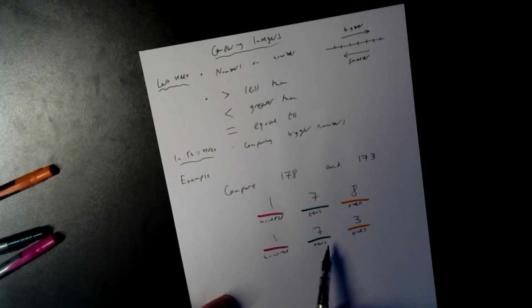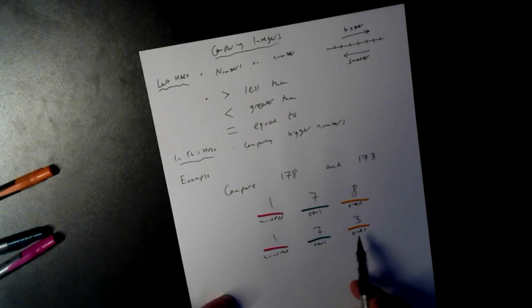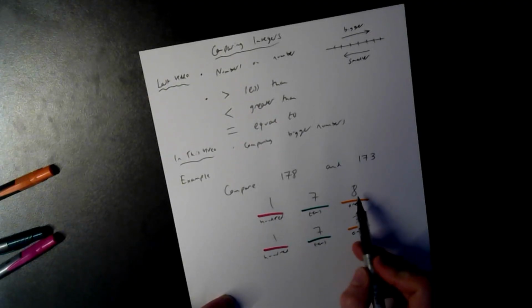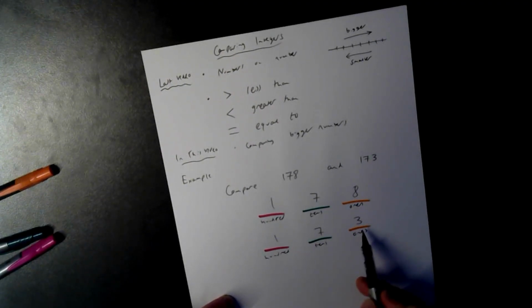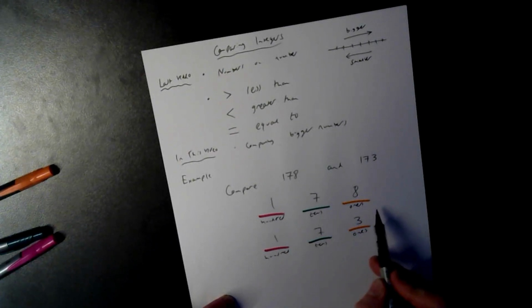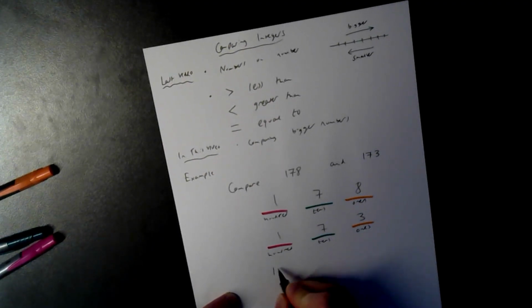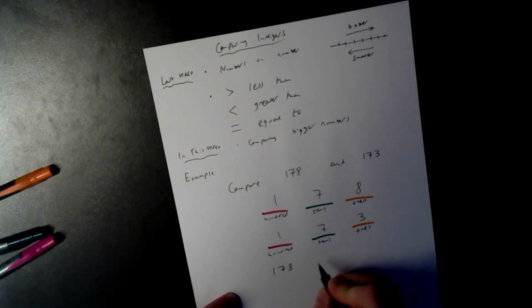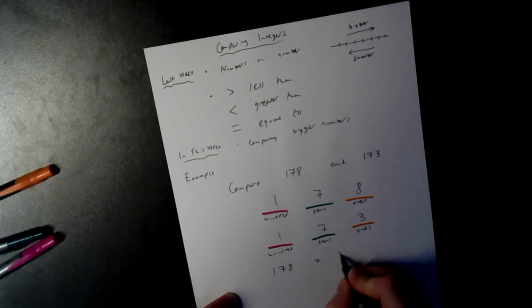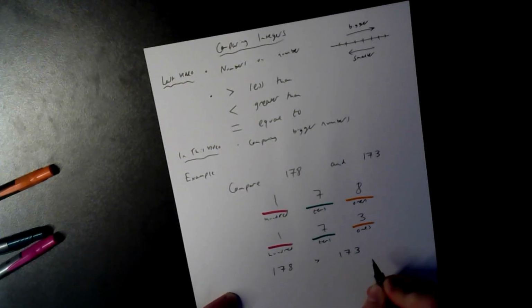So we next look to the tens column, where we have a 7 and a 7, which is the same. So we skip to the next column, and we have an 8 and a 3. But 8 is bigger than 3, and so this number at the top, 178, is greater than 173, which we write as 178 is greater than 173.